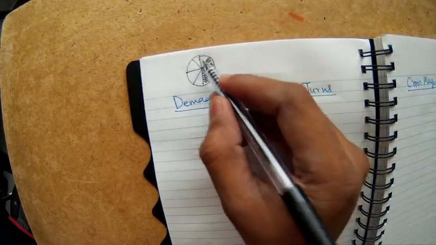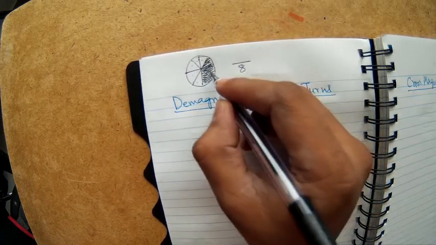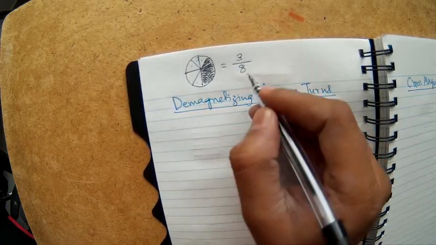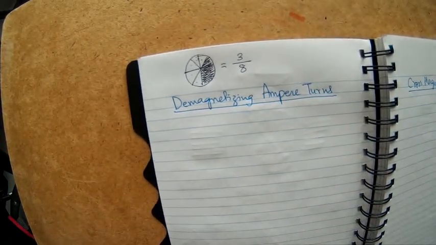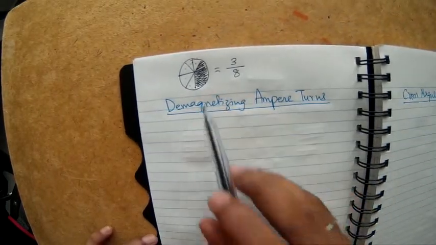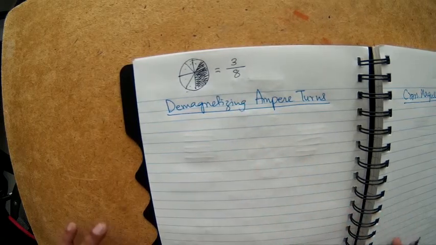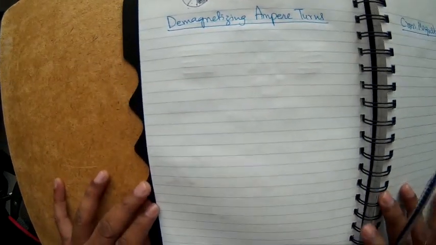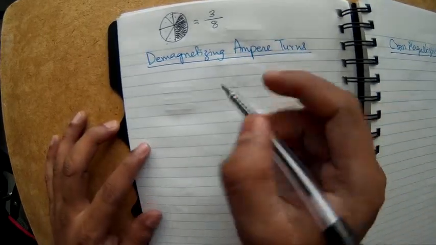So you see there are 1, 2, 3, 4, 5, 6, 7, 8 parts, out of which 3 parts are shaded. So this is like 3 by 8. This is a similar concept we are using to determine the demagnetizing ampere turns. So this is an example of fractions from a kids' mathematics book that we are applying to our electrical engineering. So the concept is the same.